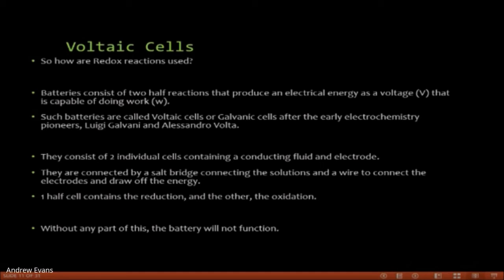There's going to be some sort of solvent that's going to let the reaction work. There's going to be an electrode that's going to connect these 2 together so that we can pull energy off. And finally, we're going to have a salt bridge. We're going to connect it on top with an electrode and a wire, and on bottom with a salt bridge to create a completed circuit.